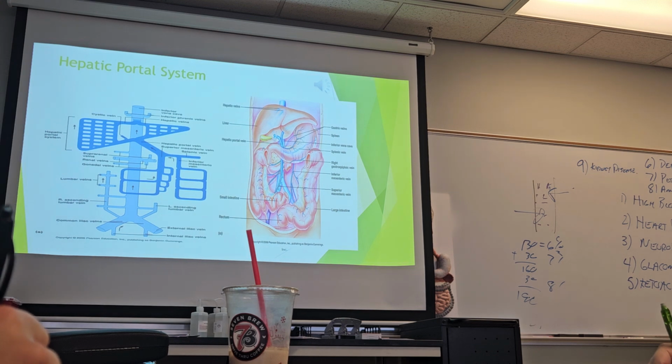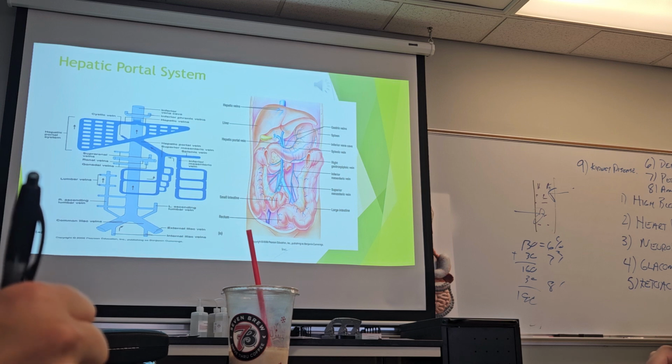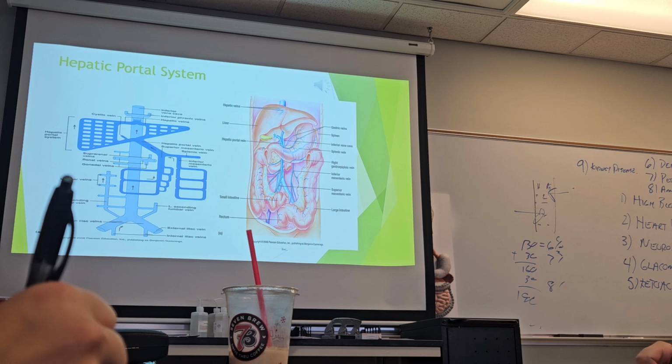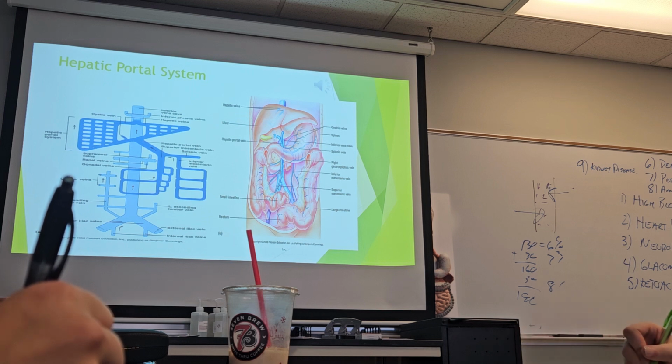I have a portal vein that is actually going from the capillary beds in the small intestine to the capillary beds in my liver, and I do not dump that back into my inferior vena cava until I have done what? Filtered everything. That's the function of this particular one. I'm going to filter everything that I eat and drink, right?